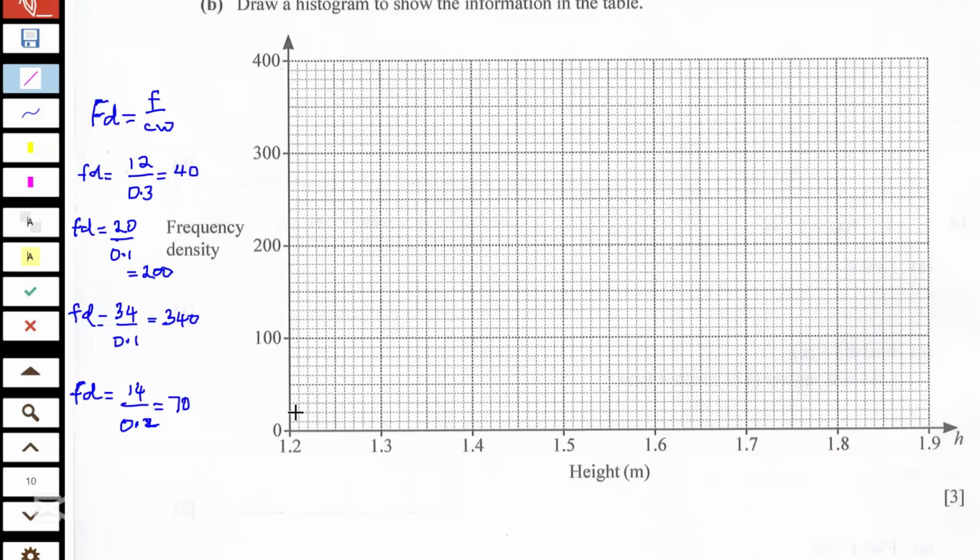I'm going to start here, and then it goes to 1.5. Then we can trace it down to 1.5. That's it.